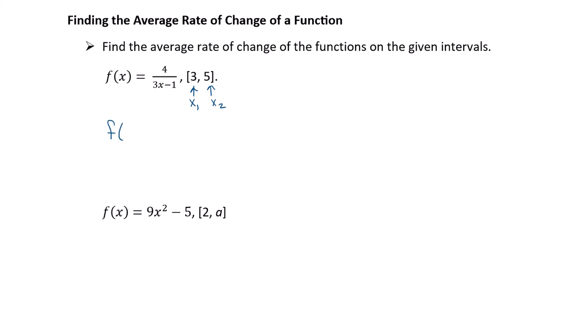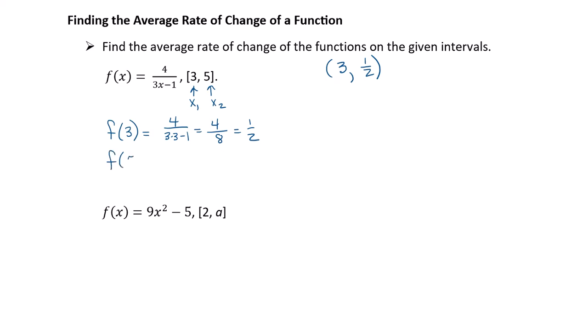We're going to take f of 3, my x sub 1, and put that in. I've got 4 over 3 times 3 minus 1, so that's 4 over 9 minus 1 is 8, which is 1/2. So I know I have this point 3, 1/2.